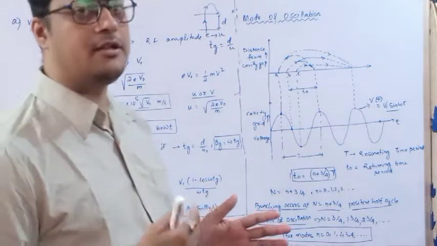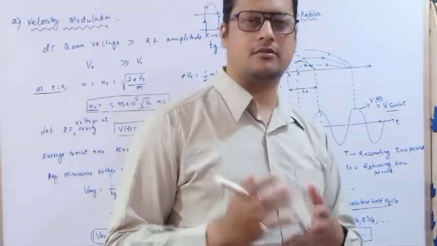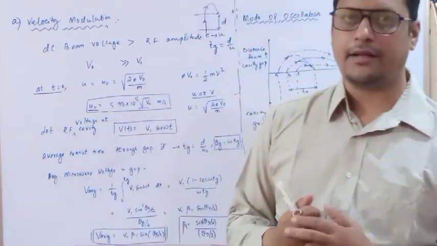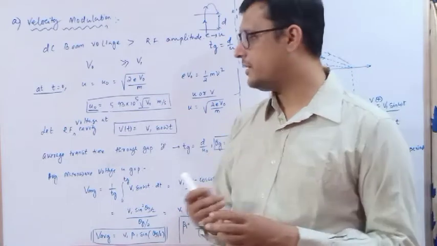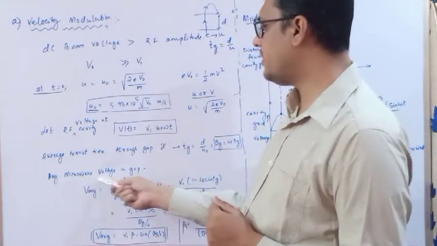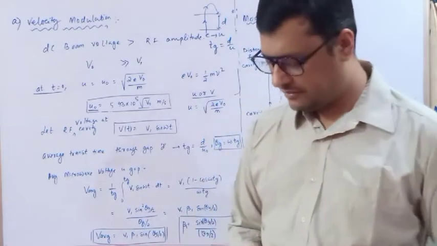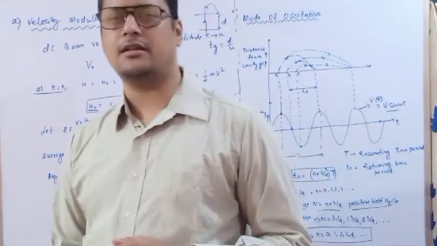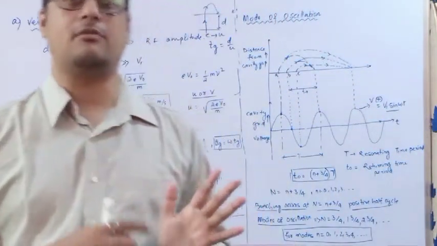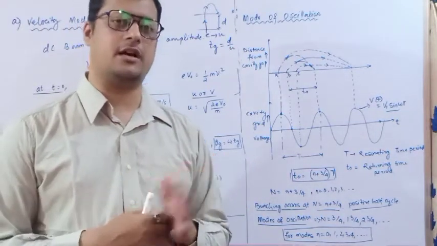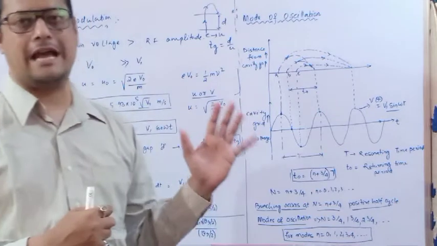So first we have to calculate the average potential, because there are two different potentials. First of all, we have to identify the average potential at the gap. So what is the average microwave voltage in a gap? Because whenever we are calculating the potential, we are calculating with respect to RMS, RMS with the input DC beam voltage. But here it is an average value.